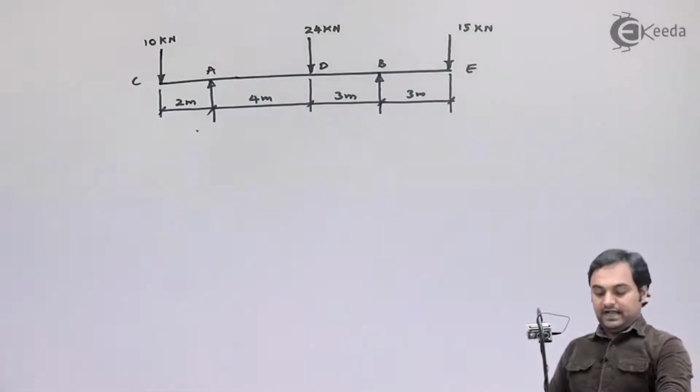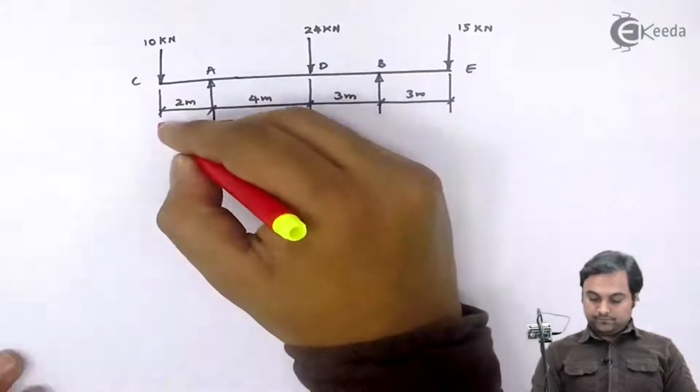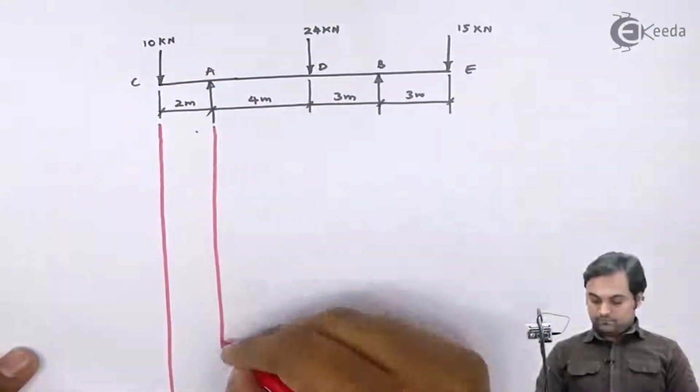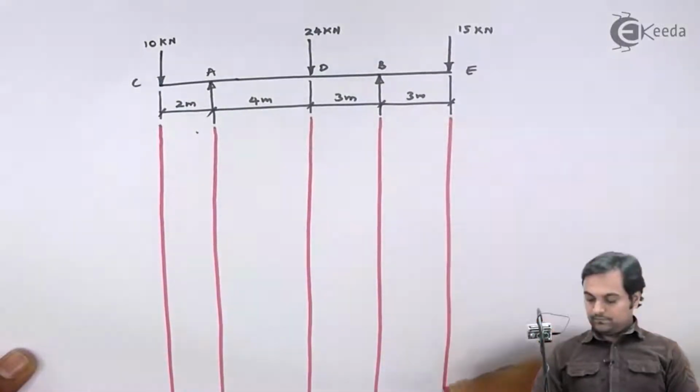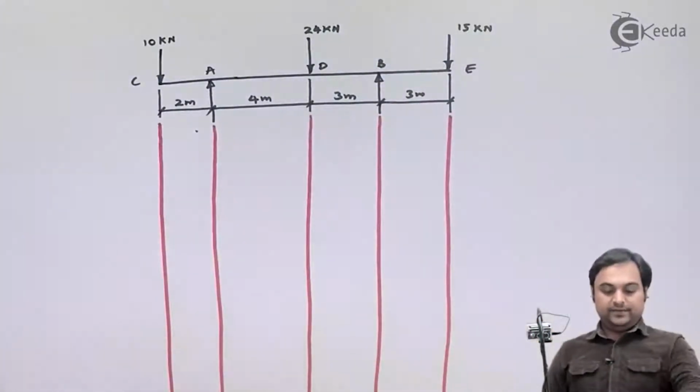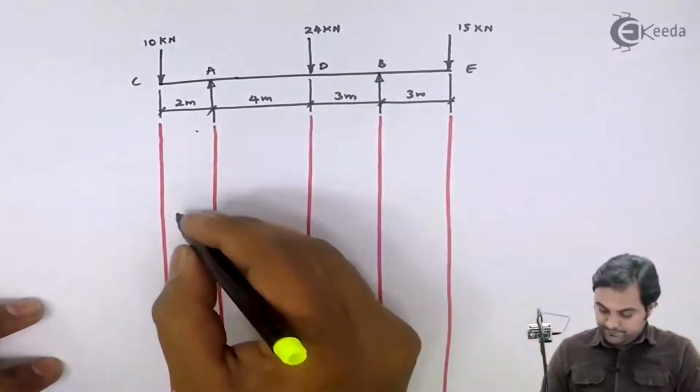For that, I will first be projecting the points downward. For drawing shear force diagram, the length of shear force diagram should be equal to the length of the beam.